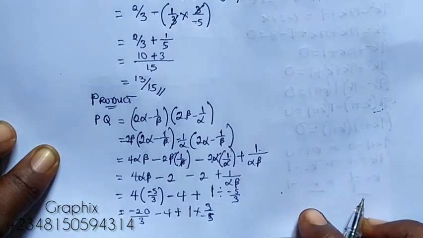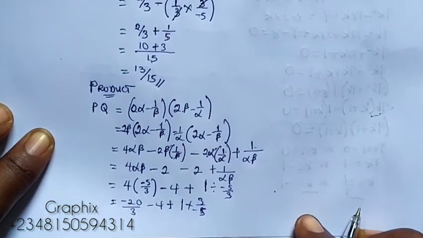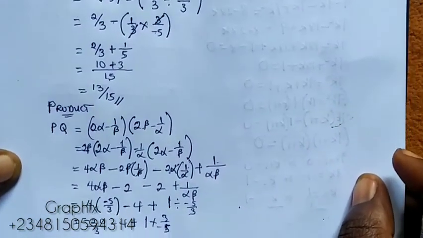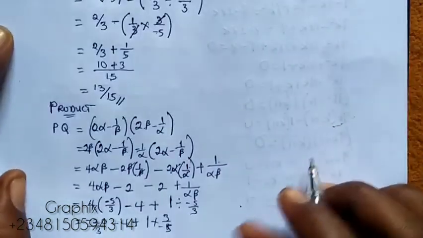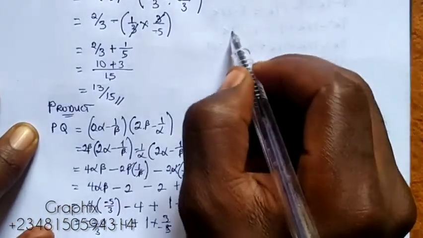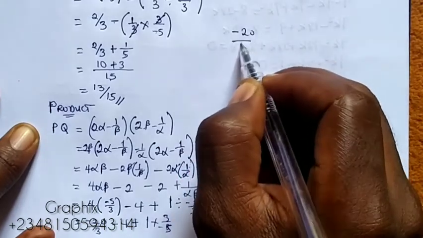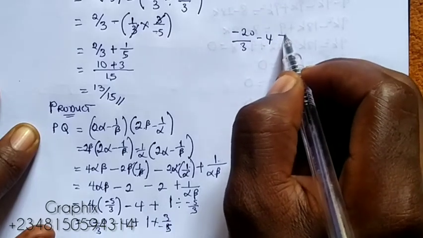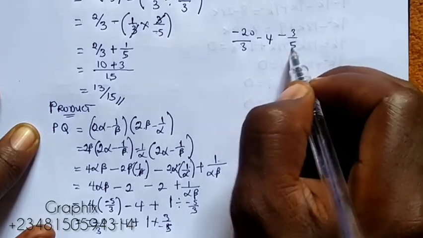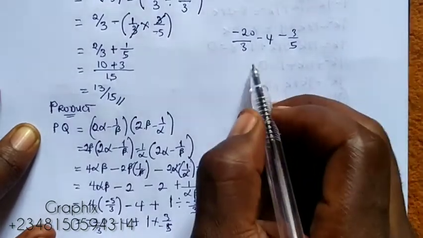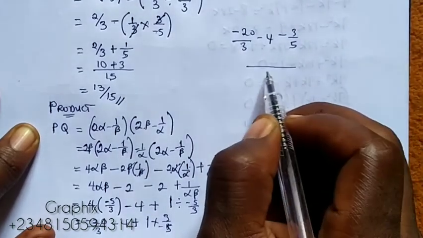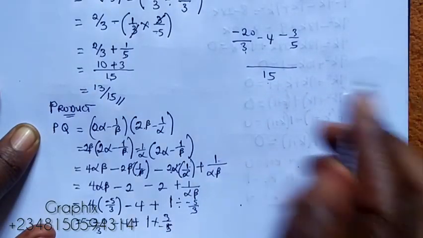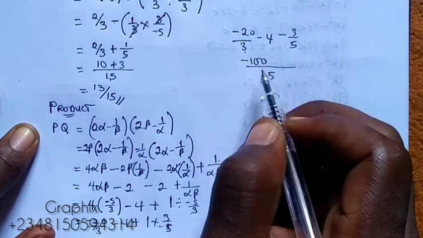So if you move forward, or let's just use this side here. If I use here, I'll be having minus 20 over 3 minus 4 minus 3 over 5. So if you look for the LCM here, it is 15. 3 in 15 is 5. 5 times 20 is 100.